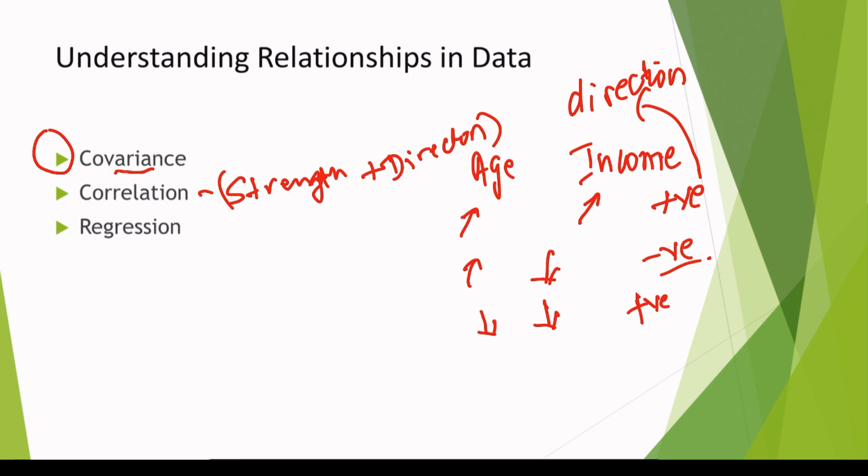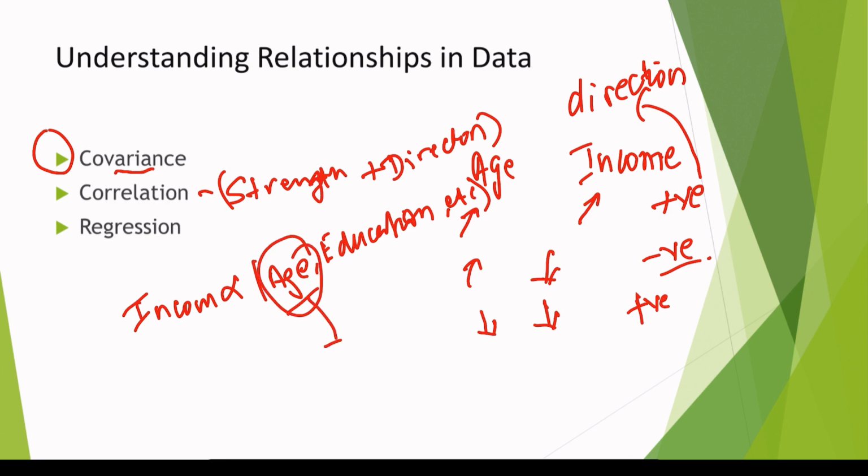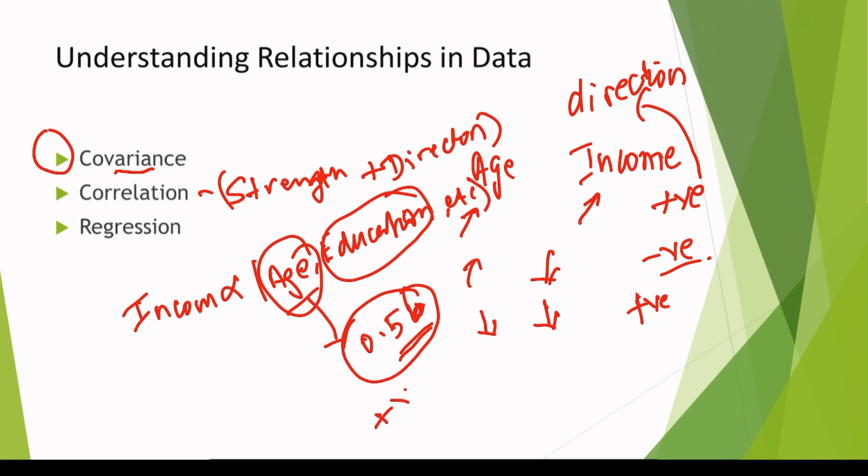So, for example, income. Income depends on many factors like say age, education, etc. When we say that age is one variable and it is having a correlation with education as 0.56, then from this 0.56 what we can make out is that the relationship is positive, this is increasing, so this is also increasing, and this 0.56 tells us the magnitude of the relationship.